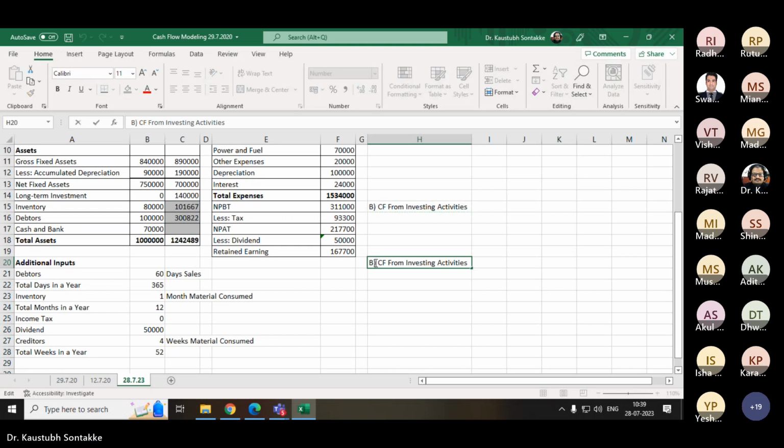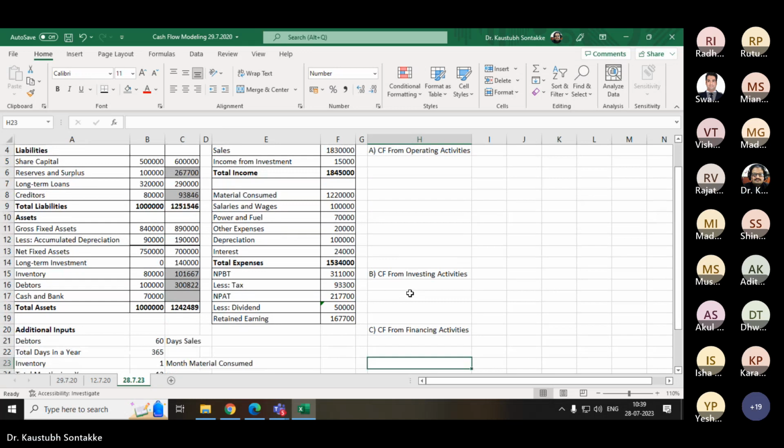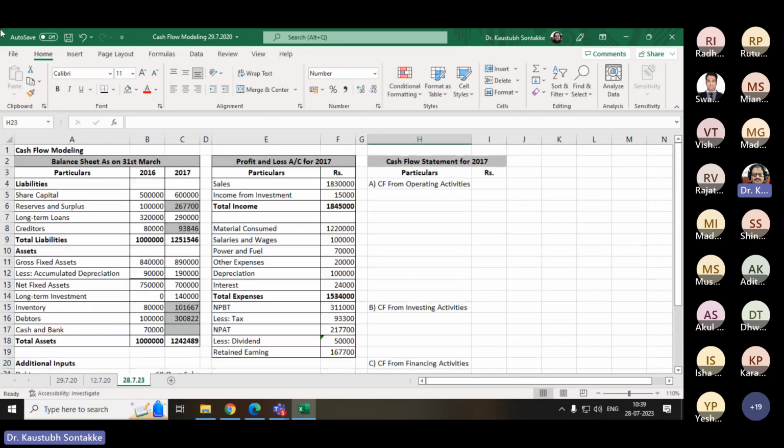C, which is cash flow from financing activities. And the rest of the space we will keep for financing activities.